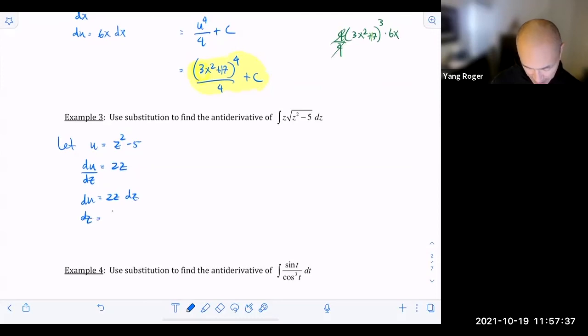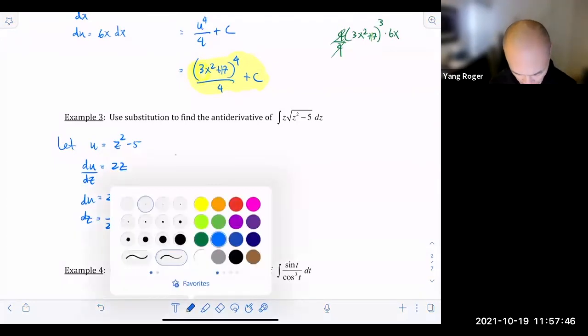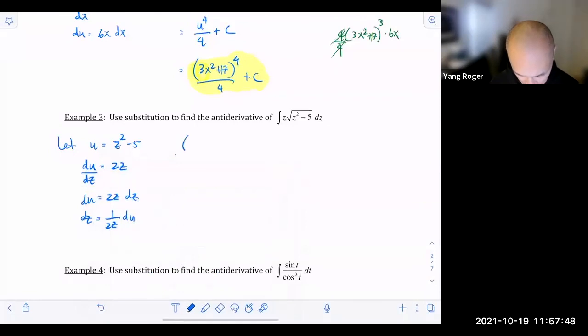This means dz is equal to 1 over 2z du. Now I'm going to make my substitution. I'm going to get the integral, temporarily writing a z here, of u to the 1/2 power, and I'm going to replace the dz with 1 over 2z du.